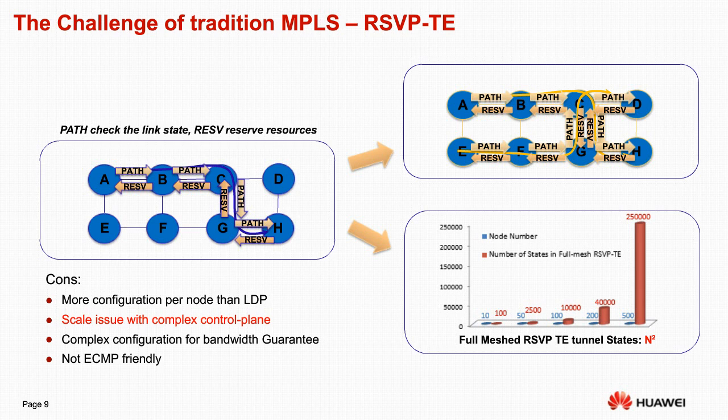Sometimes some key devices cannot accept so many RSVP tunnels. Also, the RSVP tunnel doesn't support ECMP. Even though we have some protocols to support it, it is not popular now.